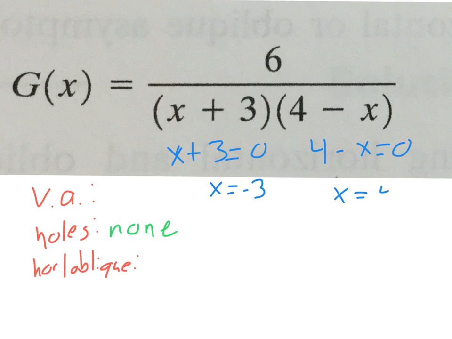And when x is 4, I have a problem. So my vertical asymptotes are at x equals -3 and x equals 4. Those are the equations of the vertical lines, the vertical asymptotes.